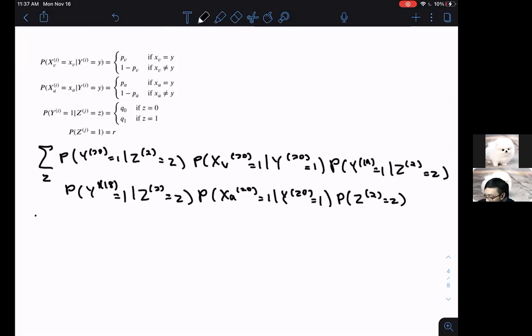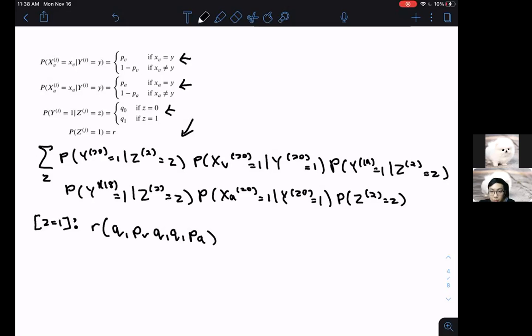For the first case, let's consider where z is equal to 1. Then we would essentially get r times q1 times pv times q1 times q1 times pa. That comes from taking each of these corresponding expressions, plugging in the value z equal to 1, and selecting the value from each of these probability distributions.